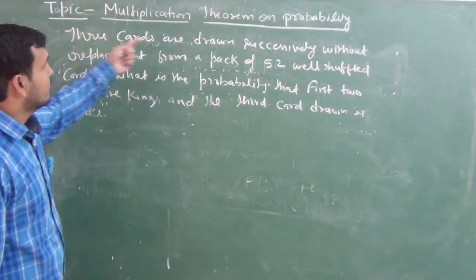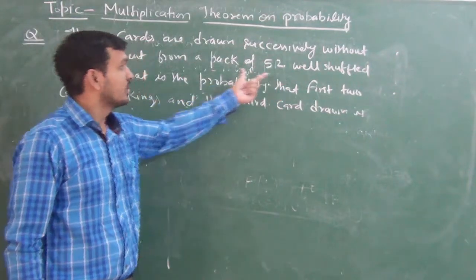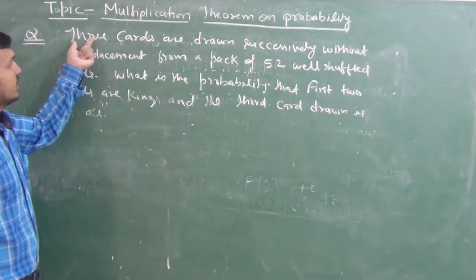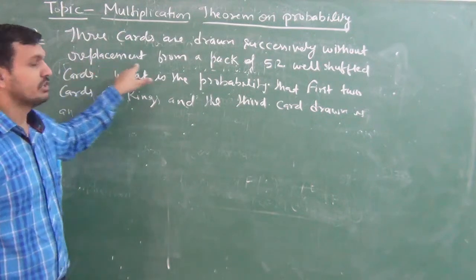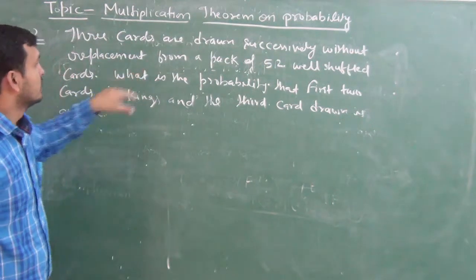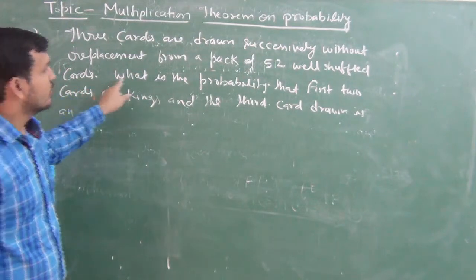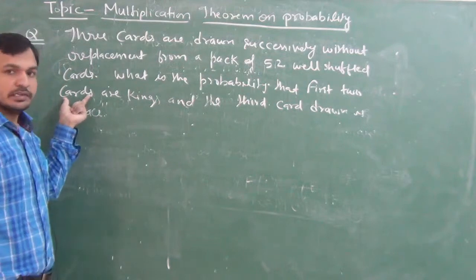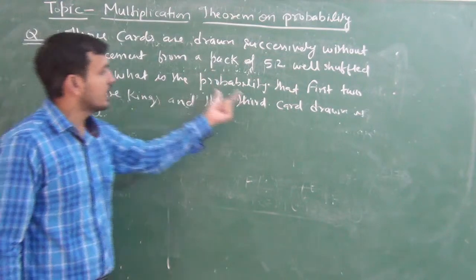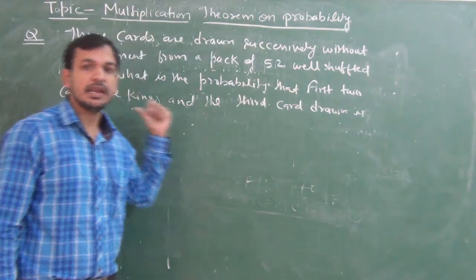out of 52 well shuffled cards, we are taking out 3 cards successively one by one, that too without replacement. Then we have to find the probability that the first 2 cards are kings and the third card drawn is an ace.